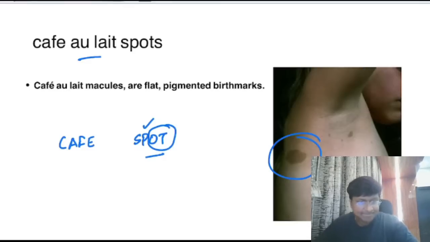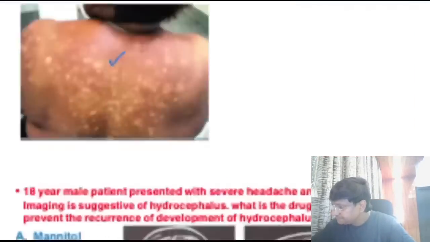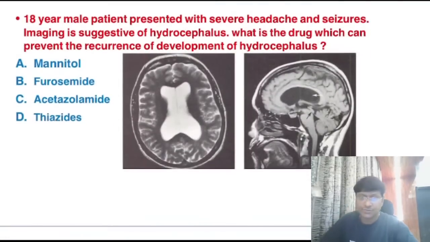Next, okay, last question. So this particular patient, if you see, is an 18-year-old male patient presented with severe headache and seizures. Imaging is suggestive of hydrocephalus, right? The primary management has been done in this patient.